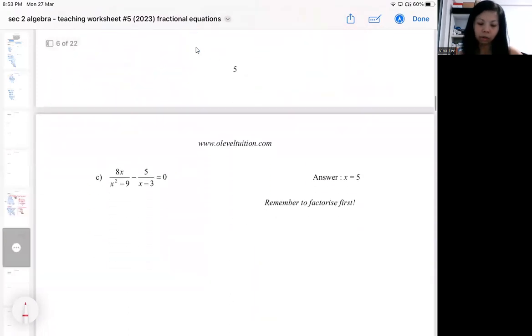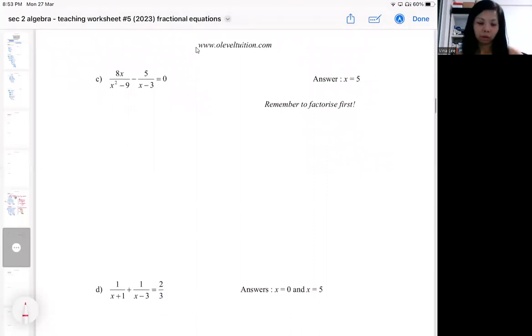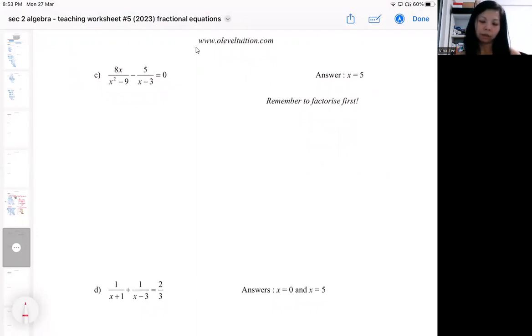The more difficult one will be where sometimes you need to factorize before making the same denominator. In this part C, one side here is a 0.